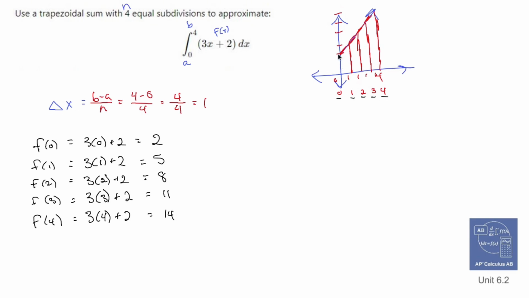So this end of the trapezoid, that height right there, is 2 units tall. This one is 5 units tall, 8 units tall, 11 units tall, 14 units tall.